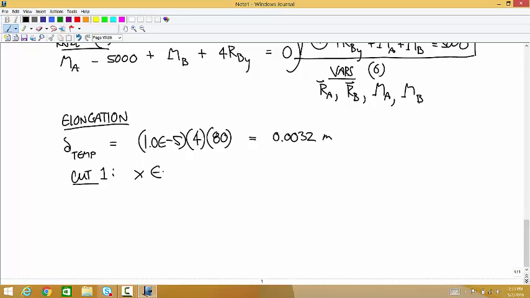So x between 0 and 1 meter. What are the loads applied to that first cut on the left?